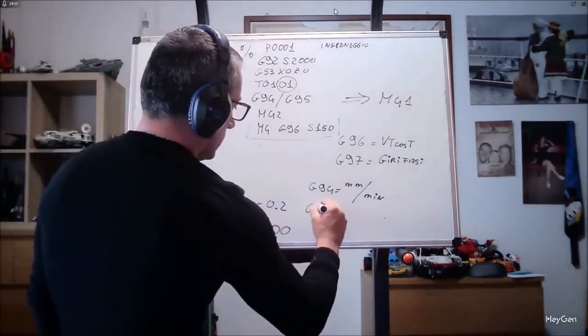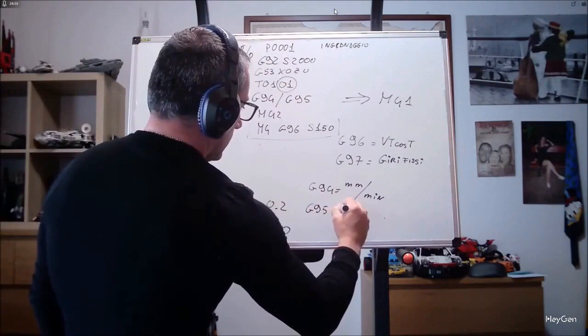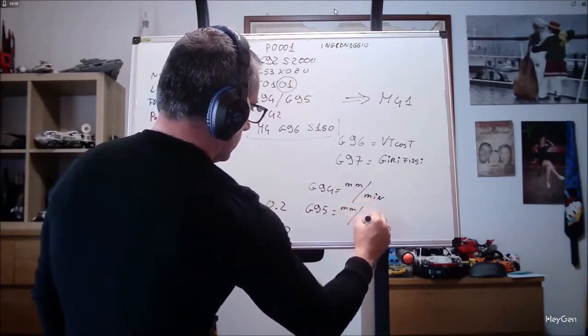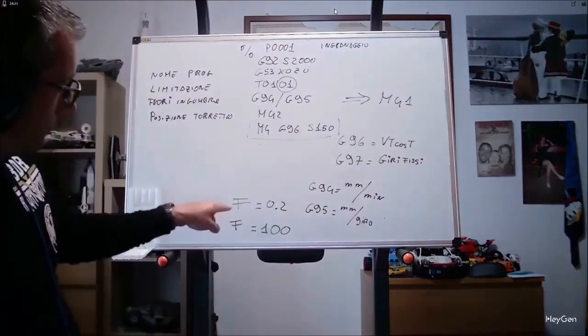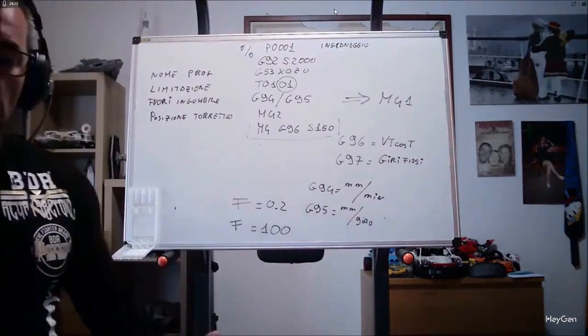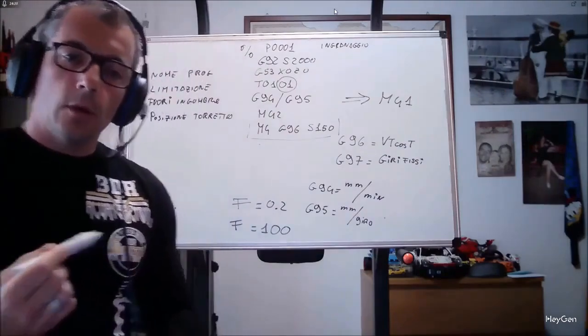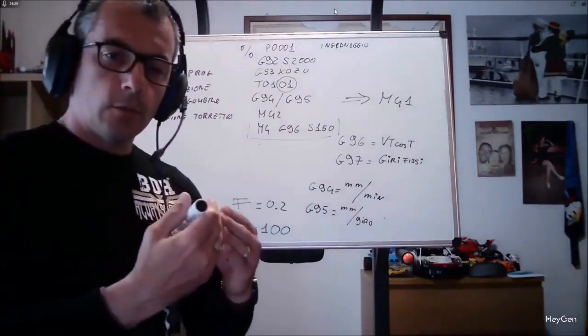G95 equals millimeters per revolution, which means that for each revolution of my self-centering chuck, my tool will advance by 0.2 mm. So to make 1 millimeter, I need 5 revolutions.